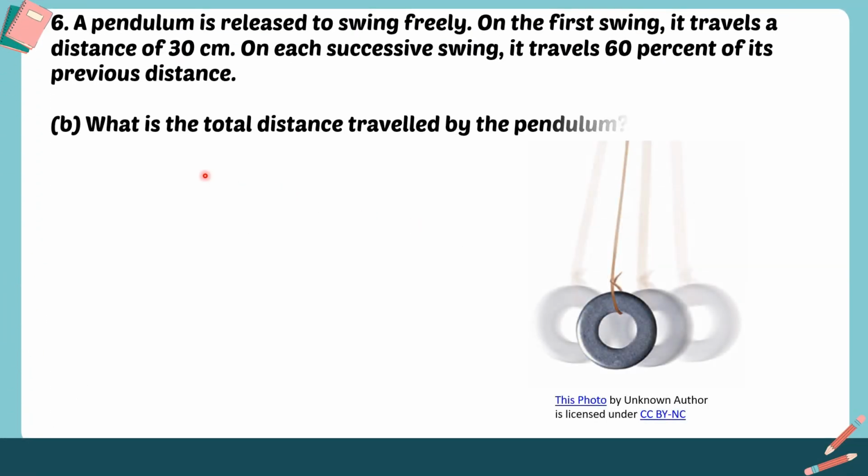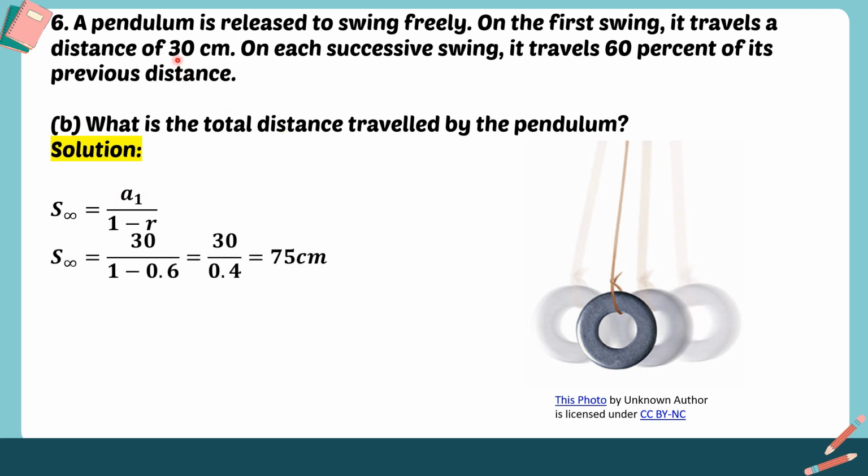Yung next question is, what is the total distance traveled by the pendulum? Yung pendulum natin, hindi natin malalaman kung kailan siya titigil. So, ibig sabihin, gagamit tayo ng infinite geometric series dahil kailangan natin kunin yung total distance traveled by the pendulum. So, with the use of S infinity is equal to a sub 1 over 1 minus r, substitute tayo ng a sub 1 natin, which is equal to 30.